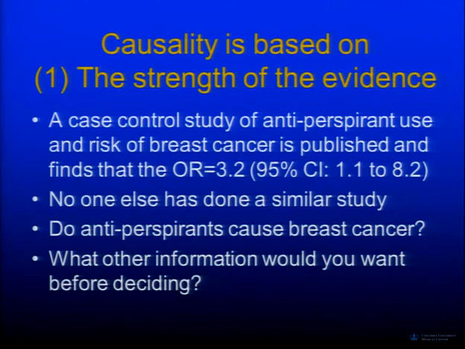You want to think, was there a confounder? Is there any bias? Is there selection bias in who I chose? And then what you always need to think about is that one study typically is not sufficient, especially if it's a case control or a cohort study, to say that there's a causal relationship. You really want to also have consistency of findings, so you want more than one study.